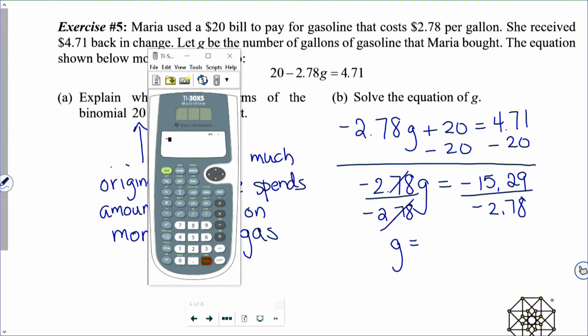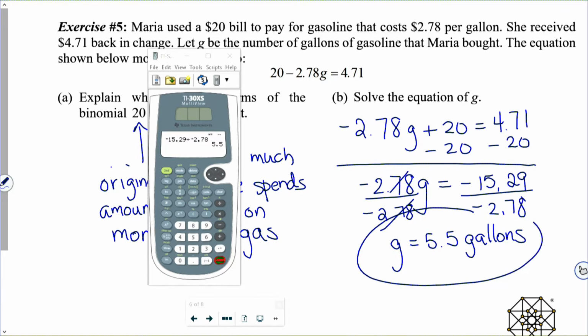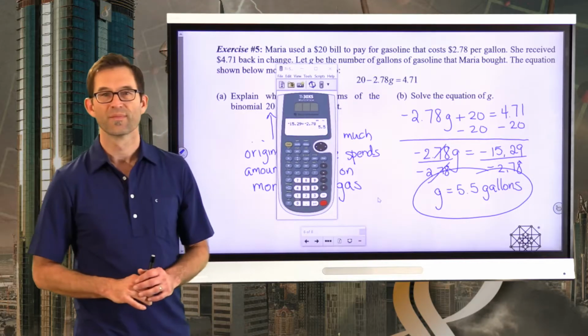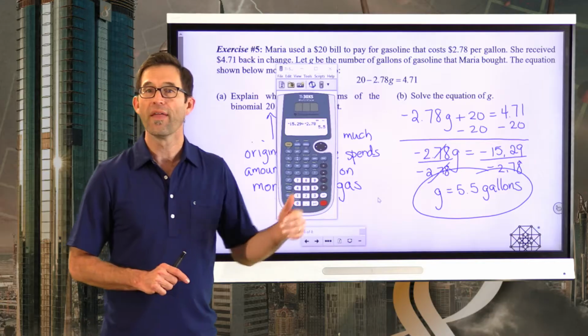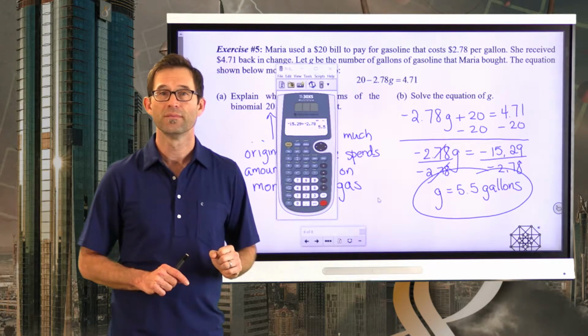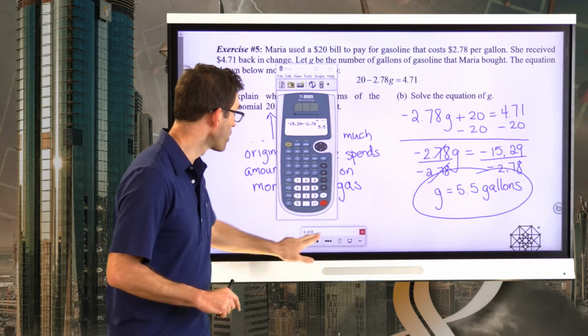I'm going to put in negative 15.29 divided by negative 2.78. Enter. And it looks like she got 5.5 gallons of gas. All right. Kind of a nice problem because it forces us to flip-flop that order and then deal with some negatives. All right, let's do one more problem.